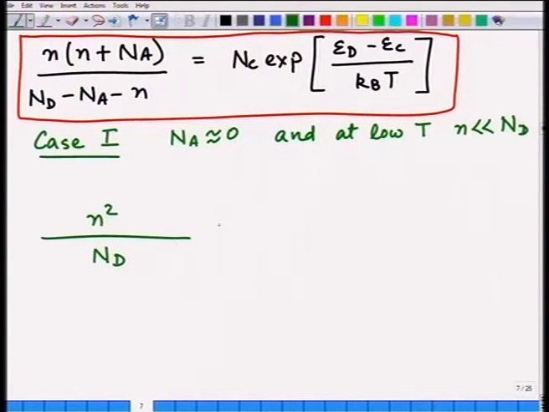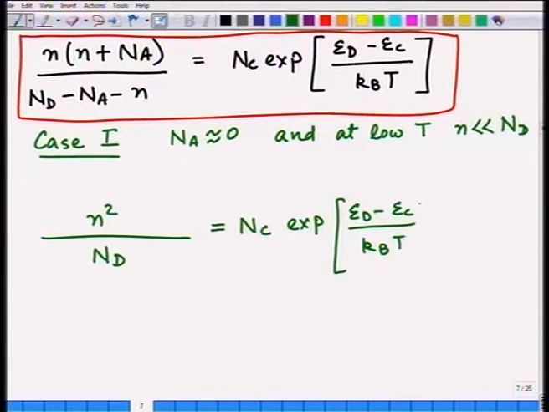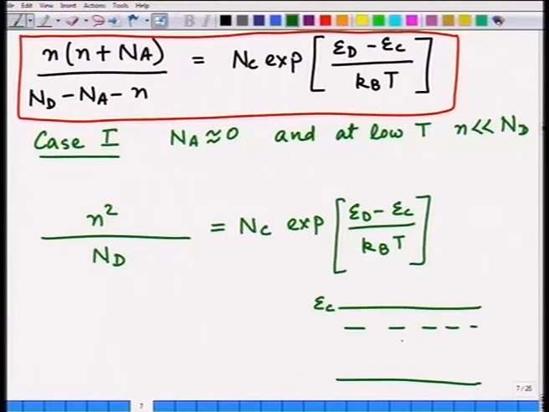This will make it N square equal to N_c e to power (E_d minus E_c) by k_B T. And what is E_c minus E_d? Remember this, here is the E_d level, here is the E_c level. So, it is measuring this distance. It is basically minus of this separation right here. The dopant level measured from the band edge is what we have gotten into.